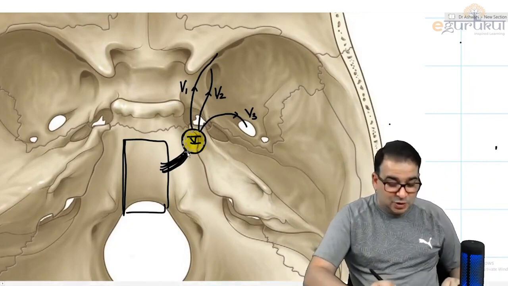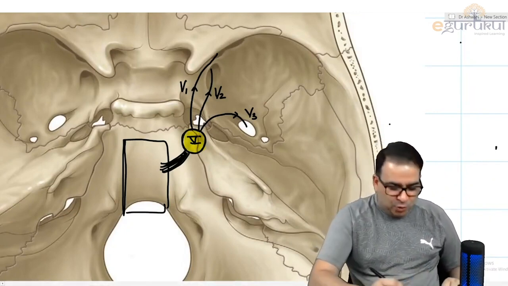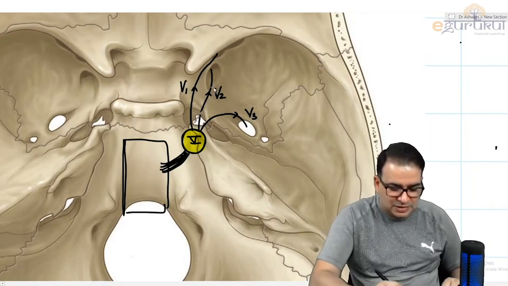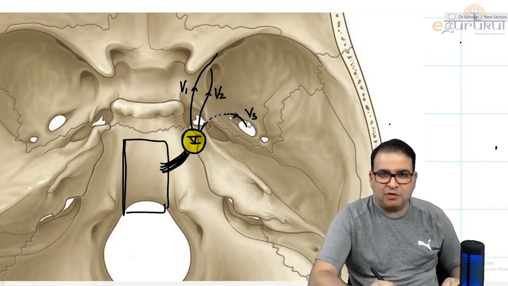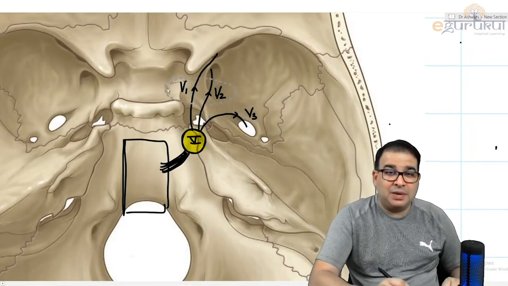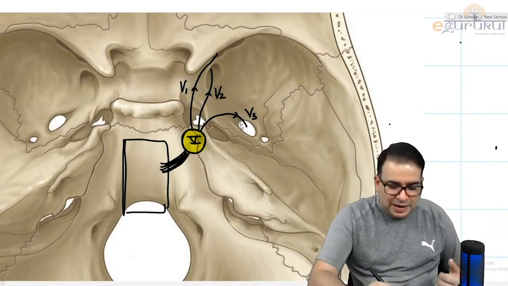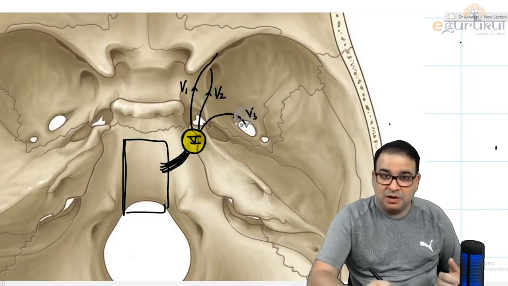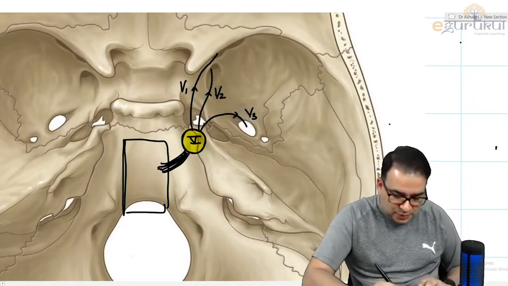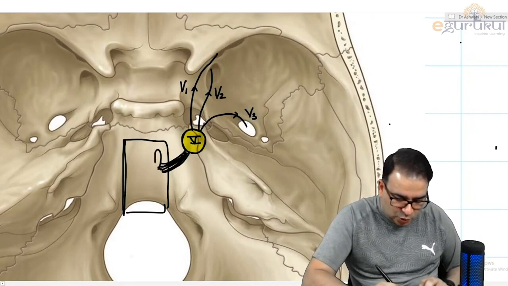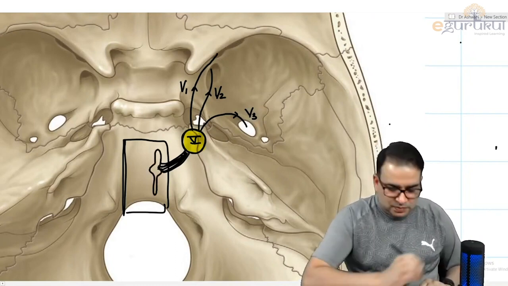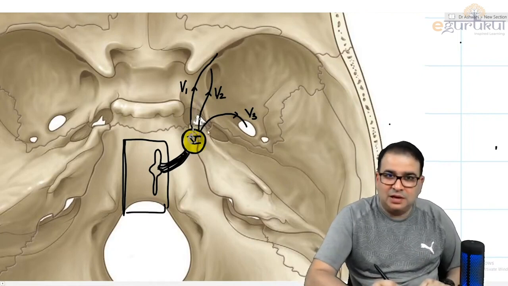But the trigeminal ganglion is a sensory ganglion. That means I'm only looking at the sensory part of ophthalmic, sensory part of maxillary, sensory part of mandibular. We already said ophthalmic and maxillary are purely sensory. So इनमें तो बस ये दो ही हैं. But mandibular nerve is a mixed nerve. So as we saw in the brainstem, this whole thing is coming from where? It is coming from this huge nucleus connected to the trigeminal ganglion, and then the nerves are going out.